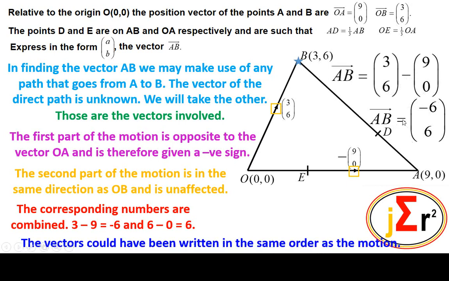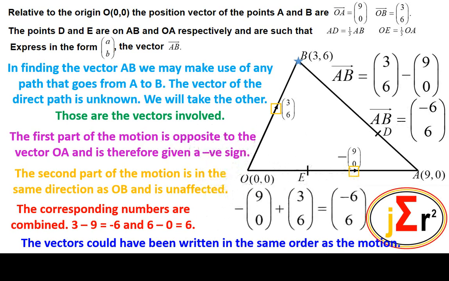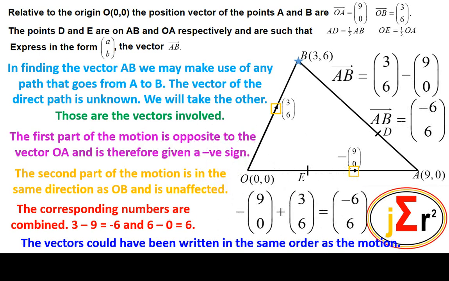The vectors could have been written in the same order as the motion. Notice that in this particular case, we chose to put the one that will be accompanied by a negative sign second, and the one that is unaffected at the front. It doesn't matter.